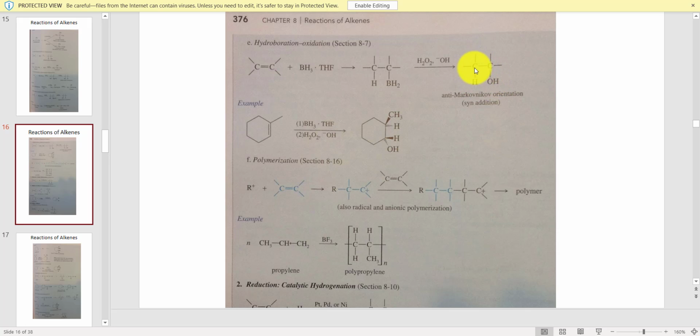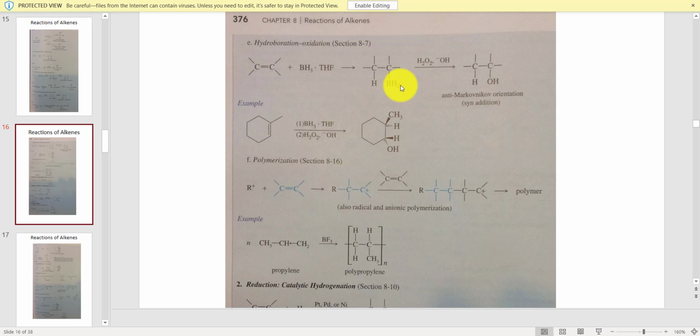The hydrogen adds to one carbon, and the hydroxide adds to the other. But what you need to note here is how it adds. It tells you it's an anti-Markovnikov addition. So that tells us this hydroxide ion, if I have a choice between a secondary and a tertiary position, will accept the least substituted one, the least stable.